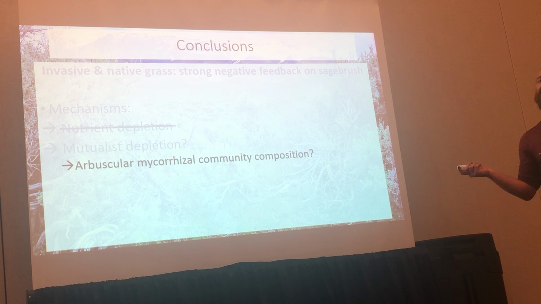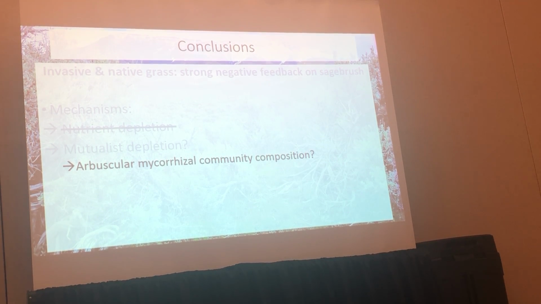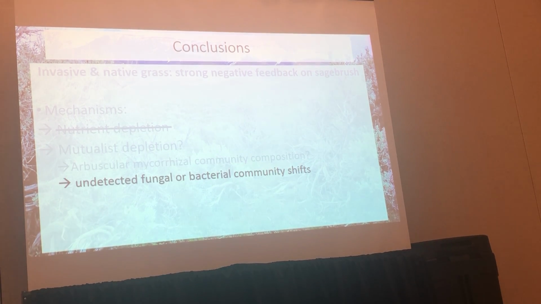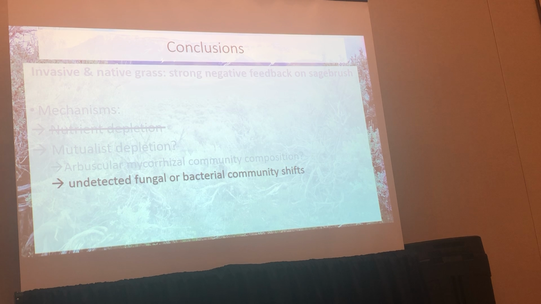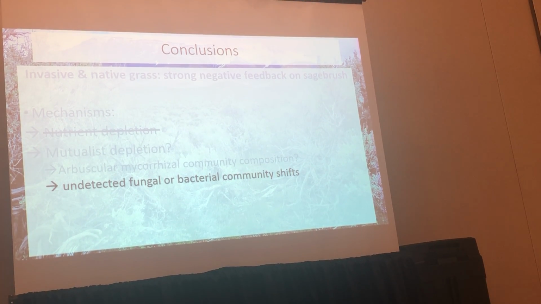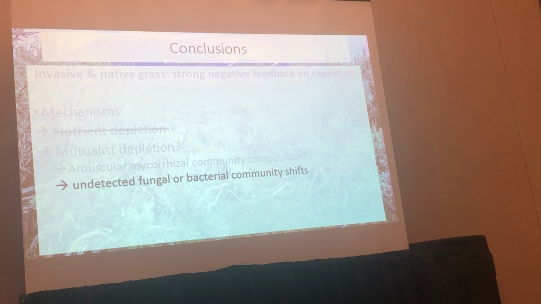Arbuscular mycorrhizal community composition, I don't know. There wasn't any variation in colonization, so they had lots of mycorrhizae in all of the treatments, but it could be that they're getting less beneficial species. And then I have to acknowledge that, especially with bacteria, a lot of these identifications use short sequences, so a lot of times I wouldn't be able to identify past order.